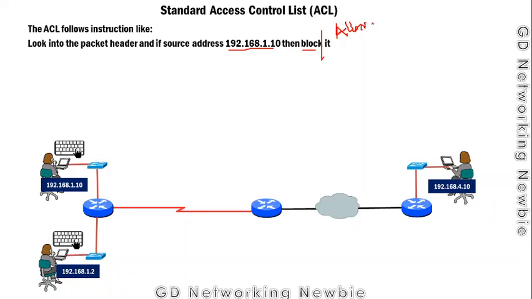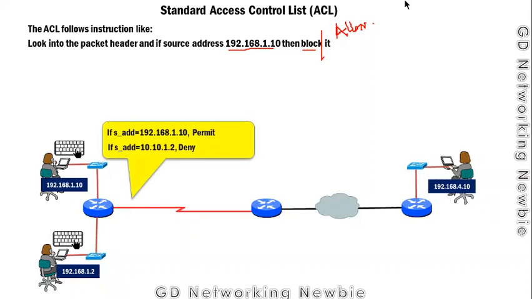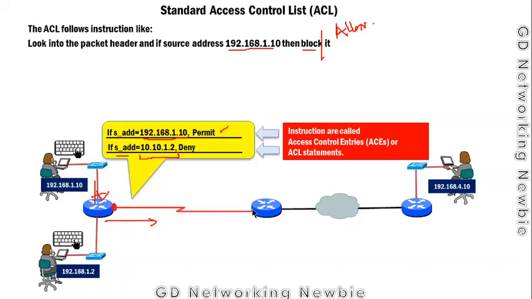So for example, in this case, we have configured this access list on this router, and we say that if the source address is this one, say 192.168, then please permit them. So if you receive this, then allow them and forward them. But if you receive a packet and the destination address is this address, then please do not allow them, and just discard them.